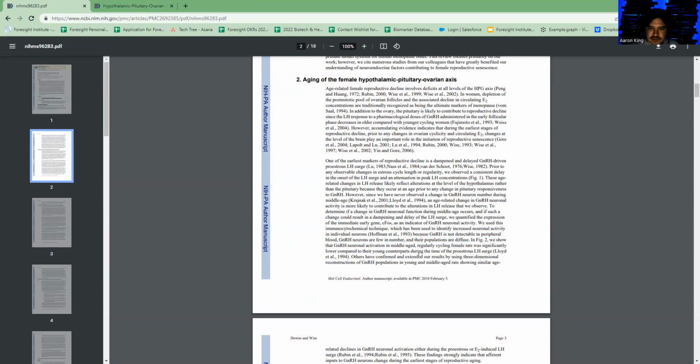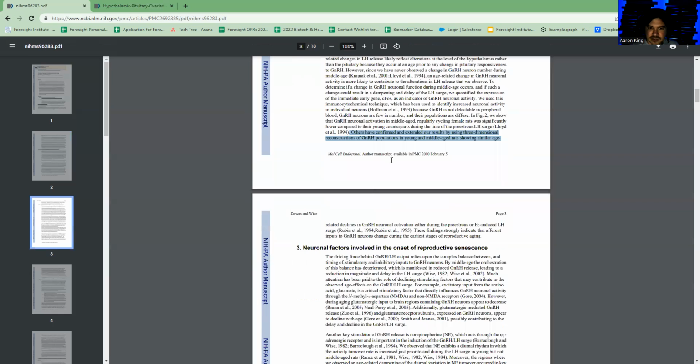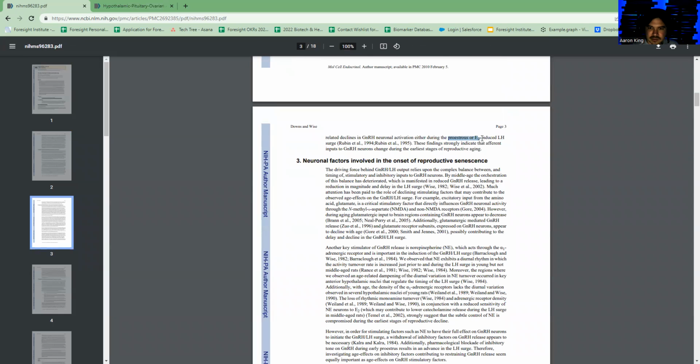We show that in middle age rats... huh, you want human data, but that's okay. Showing middle age, estrus.